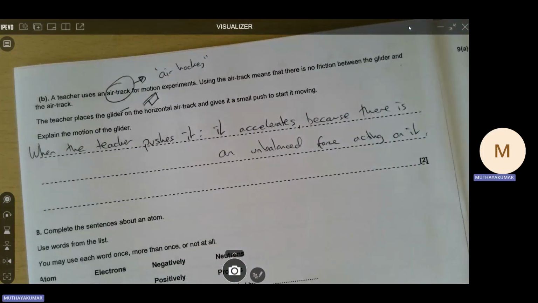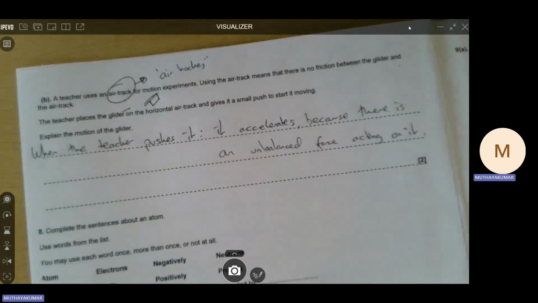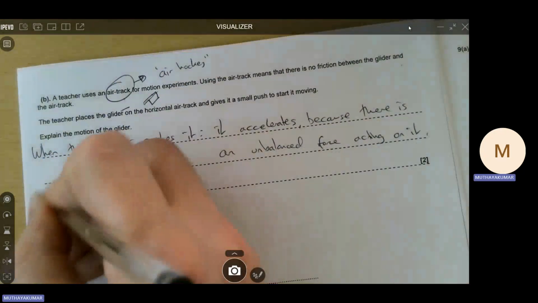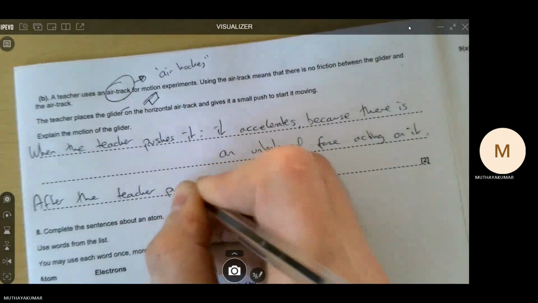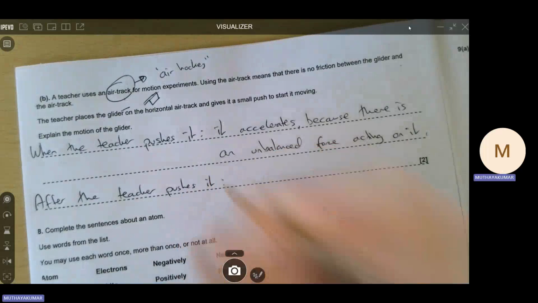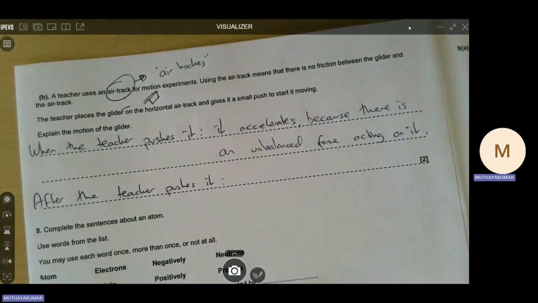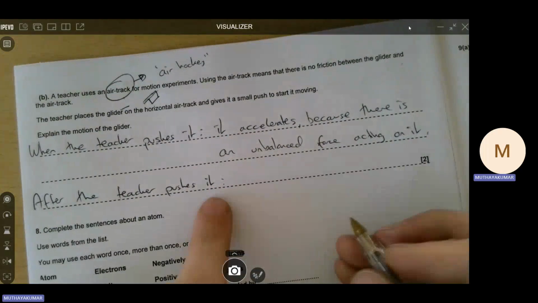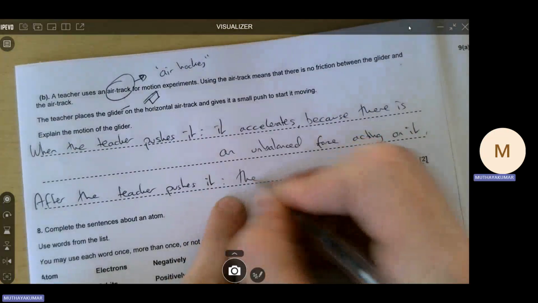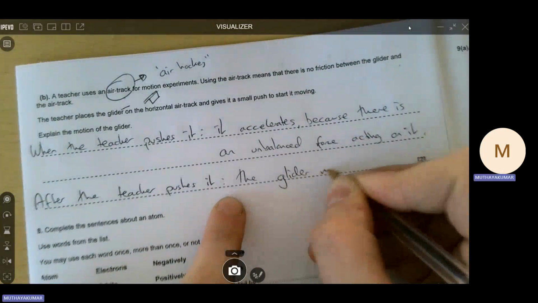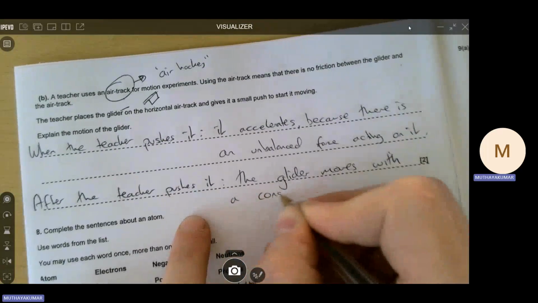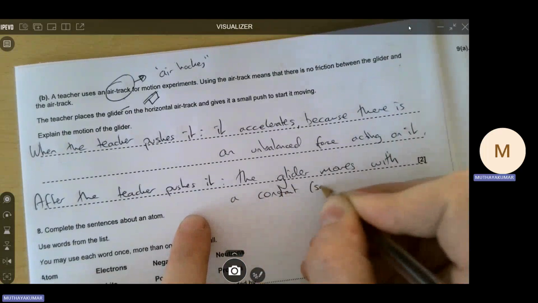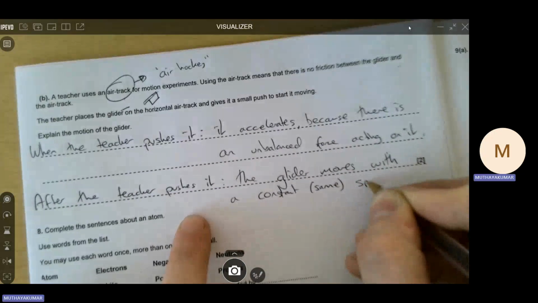Now, after the teacher's pushed it, the teacher's no longer touching it. The glider is just moving on its own. So after the teacher has pushed it, there is no pushing force. There's no force from the teacher's hand. So what does it do? The glider moves with a constant speed, which means the same speed.